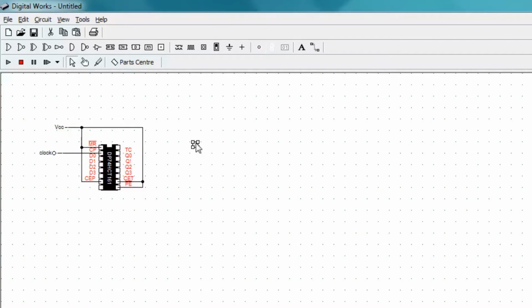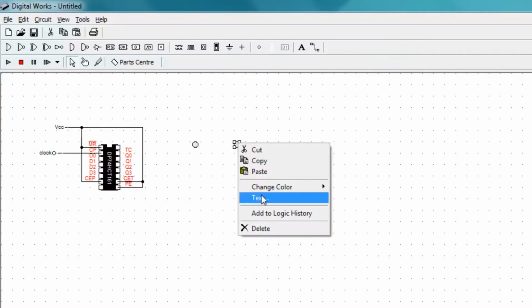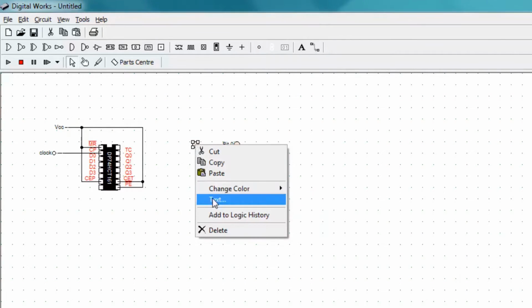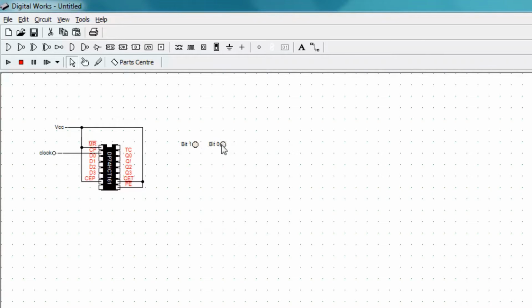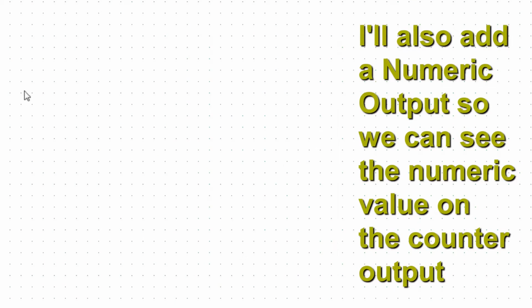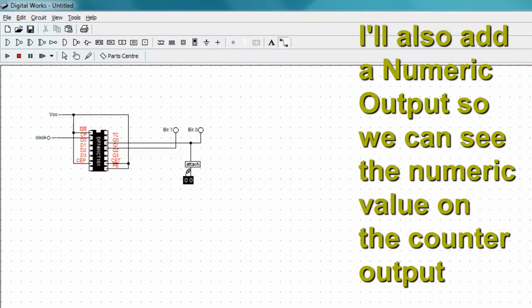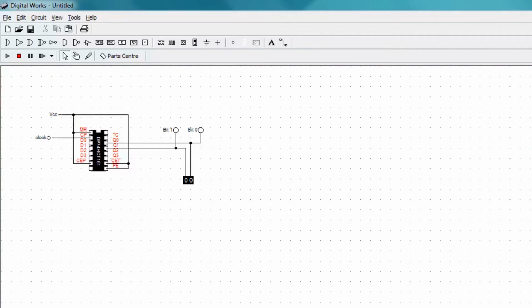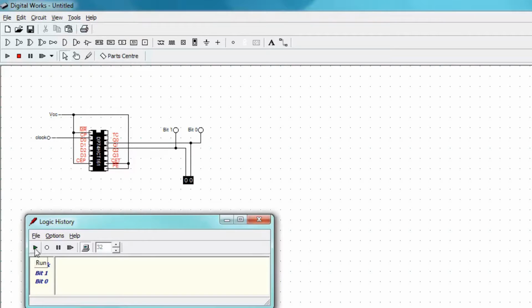I'll place a couple LEDs on the 2 least significant counter outputs, and we'll add them along with the clock to the logic history.